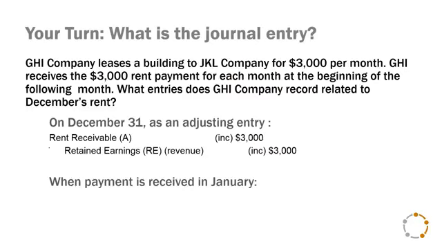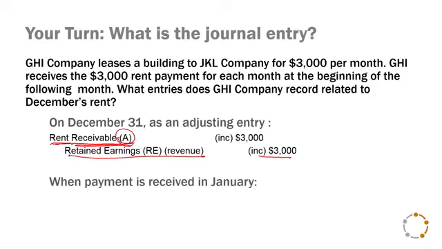So in this case, the company, GHI Company, can go ahead and record revenues for the month of December in the amount of $3,000. But notice that it hasn't received any cash. So recall, in this situation, when we're recording revenues but we haven't received any cash, we'll record an asset called a receivable. And I've called that rent receivable, but we could call it rent that we expect to receive from the tenant in the future.